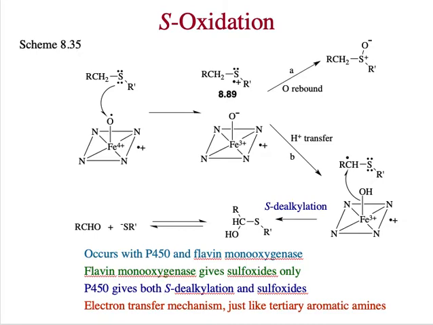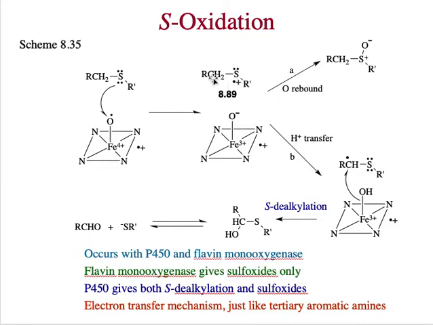The sulfur is really oxidatively ready to react. So you can easily do these kinds of radical oxidations with cytochrome P450. What's happening here is that the cytochrome P450 abstracts an electron from the sulfur.